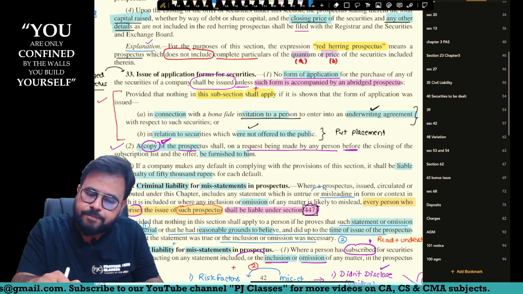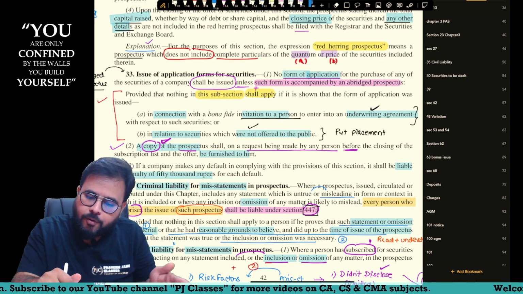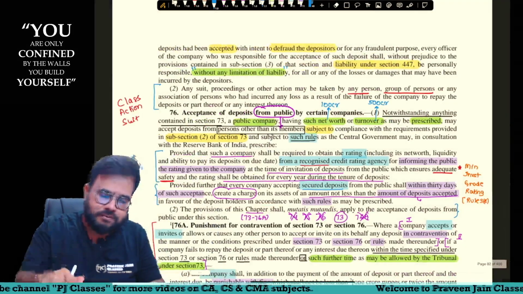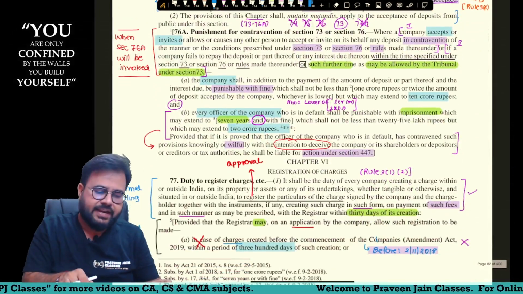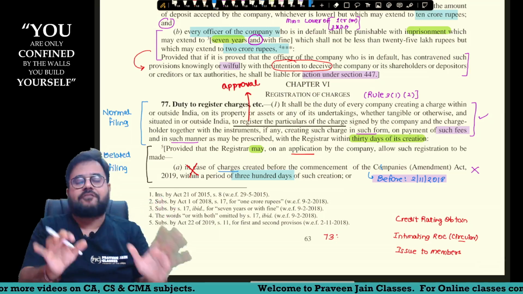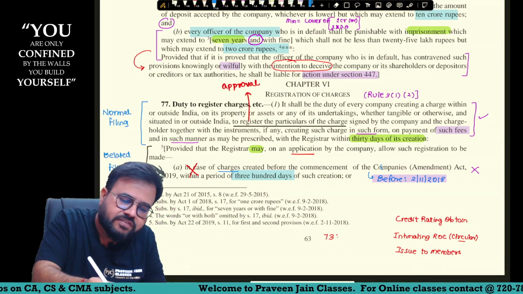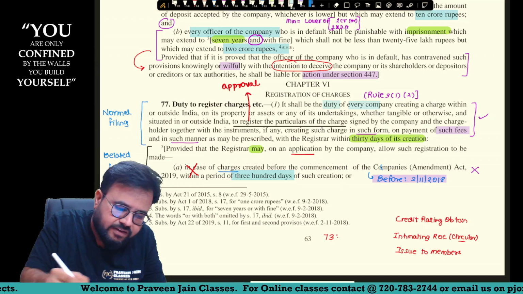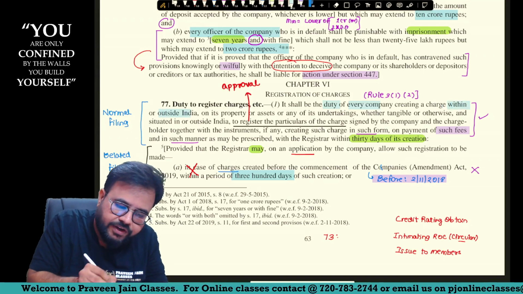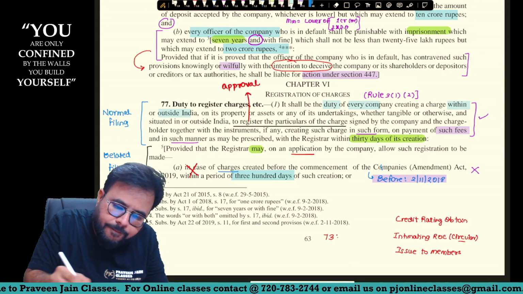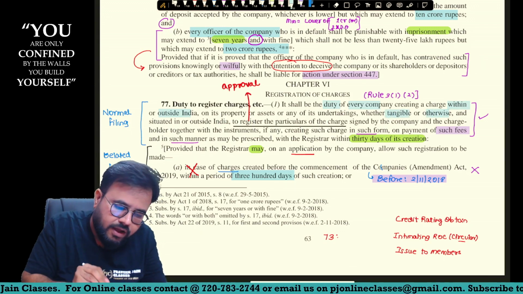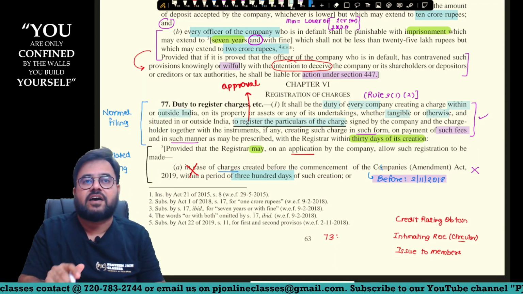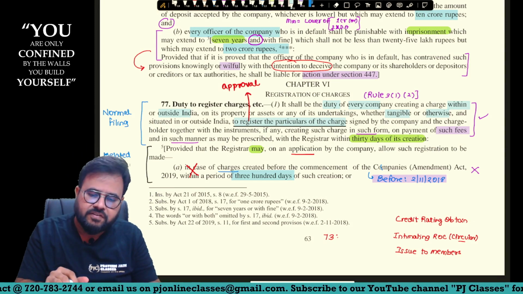Whether property situated in India or property situated outside India, whether it is a movable property or immovable property, sir, whether it is a tangible property or intangible property, sir, the company has to register the charge. 77 subsection 1, you can see the duty of every company creating a charge in India or outside India. Property can be tangible or intangible. Now what you have to do, you have to register the particulars of the charge. Obviously the form number is CHG1 because debentures are not involved here.